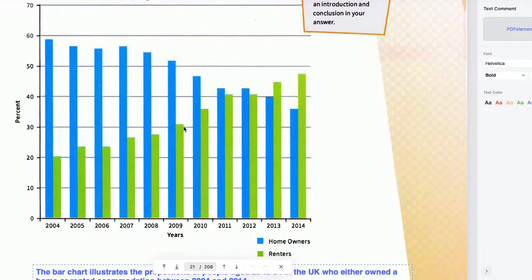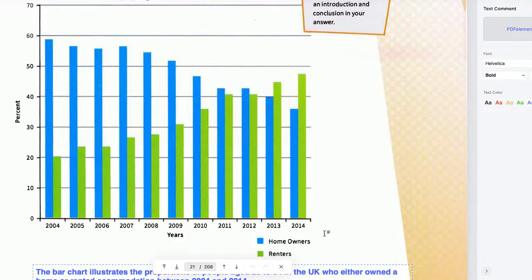Because the period here is like 10, 11 years. So the beginning is somewhere from 2004 to 2009, and the later one is from 2009 to 2014. Which one has an obvious increase? The one before or the later one? Yeah, the later one, right? The later period. Okay? So we can say that.